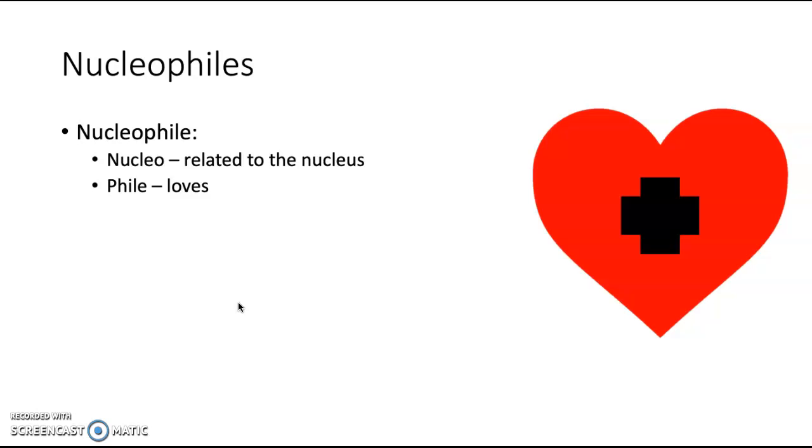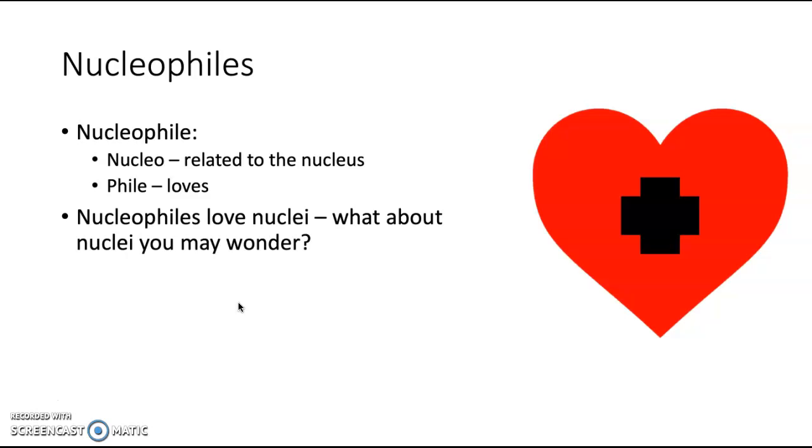Okay, and the next thing I want to cover, again, some key terminology here, is a nucleophile, and I'm sure given some time to think about what that word means, you would probably be able to figure out that it's something that loves nuclei. Okay, phile is a suffix that means love. Nucleo means related to the nucleus. Now, what would another molecule love about the nucleus?